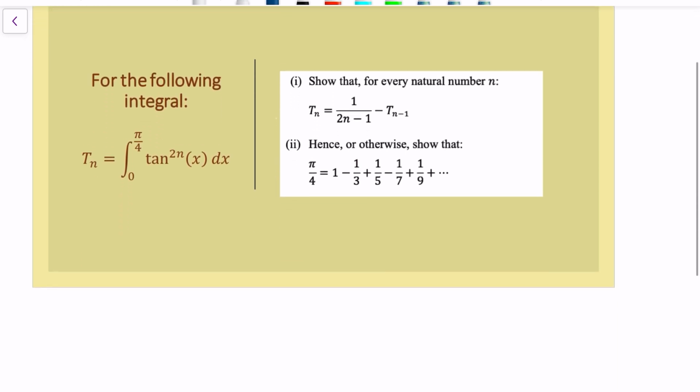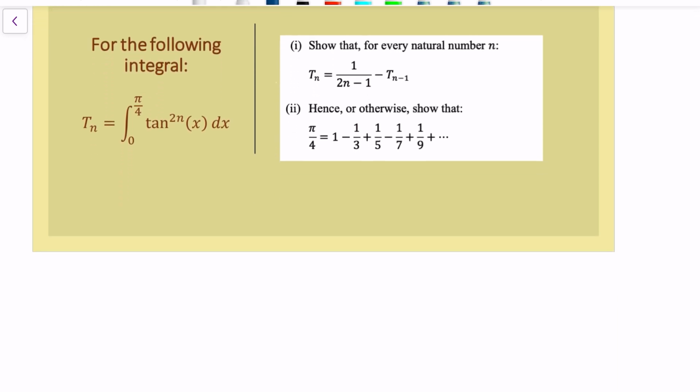Okay, so first up, rather than work out this integral, because I wouldn't even know where to start, I'm going to rearrange the expression so that it is a sum of two integrals: Tn plus Tn minus 1. That is the integral between 0 and pi over 4 of tan to the 2n of x, plus the integral between 0 and pi over 4 of tan to the 2(n minus 1) of x dx.